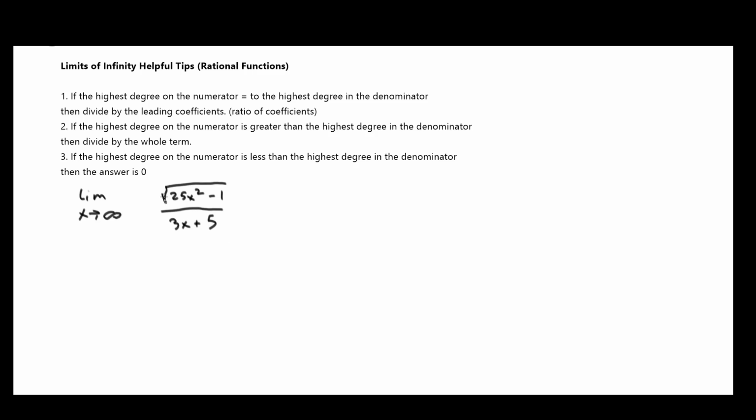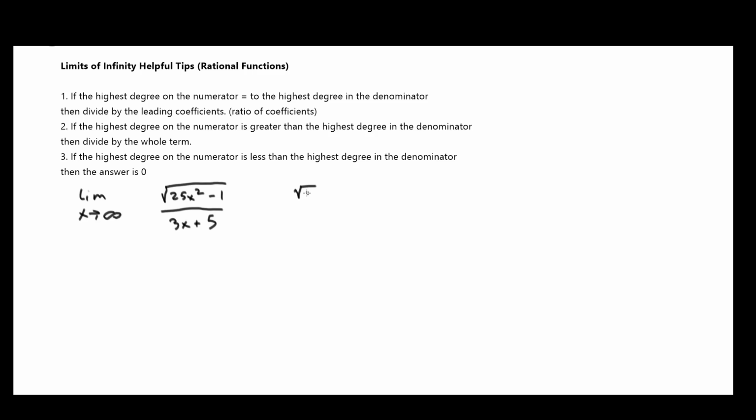Looking at this one, you have a radical that spans the entire numerator. An important thing to note is that when you have a situation like this, this finite value right here can essentially just be neglected. All you have to do now is factor in this radical in the numerator.